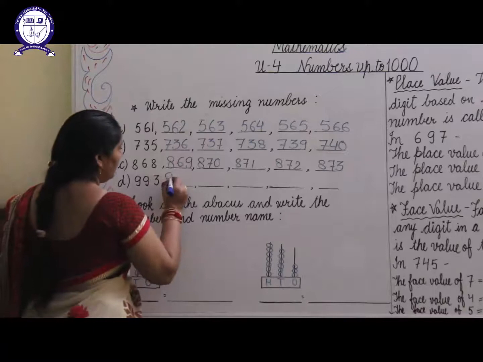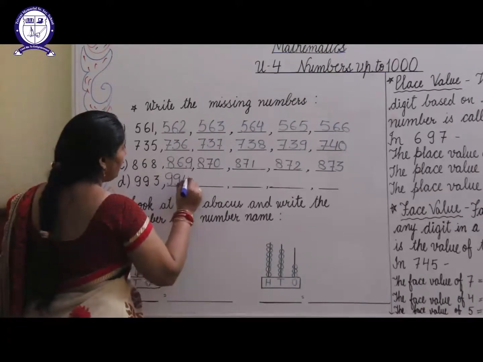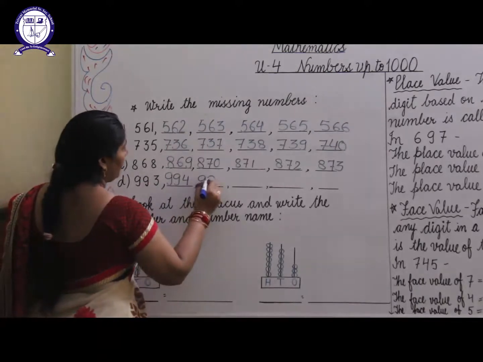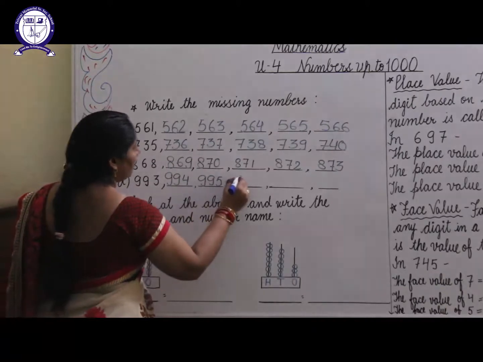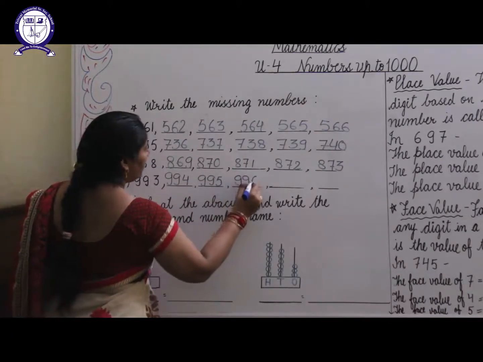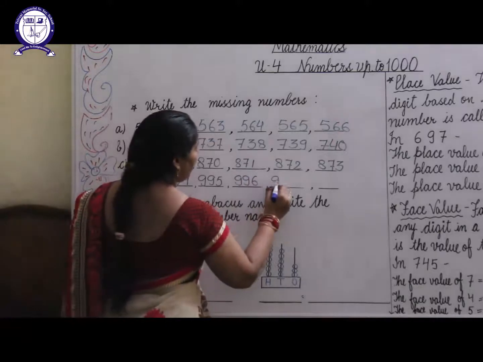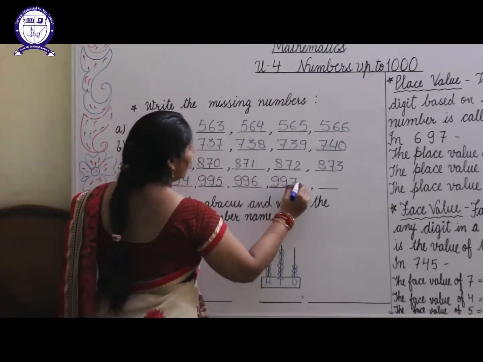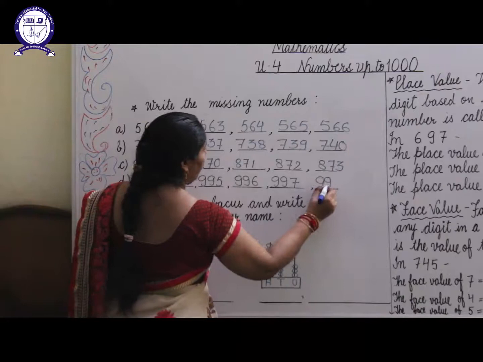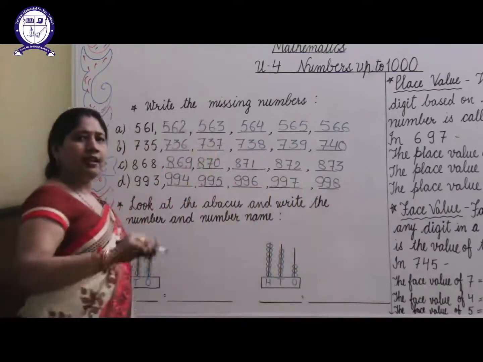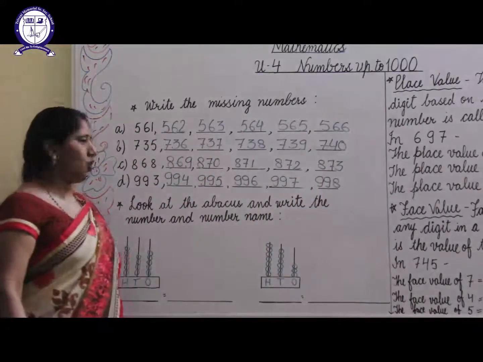After that, 994, 995, 996, 997, then 998. Let's come to the next module.